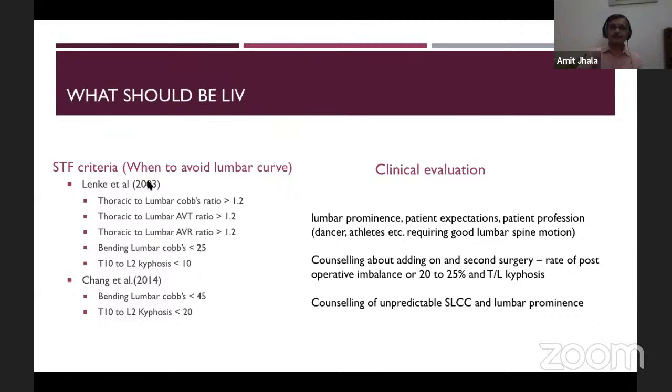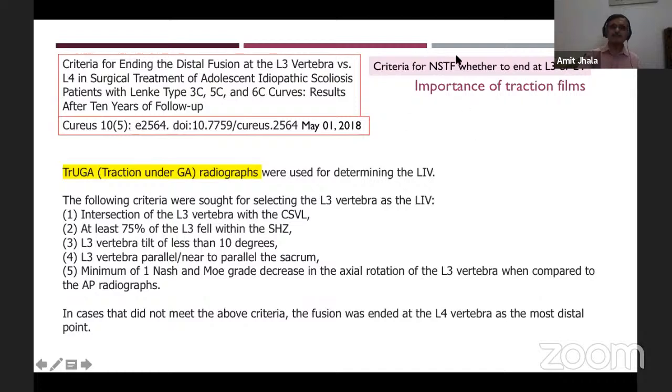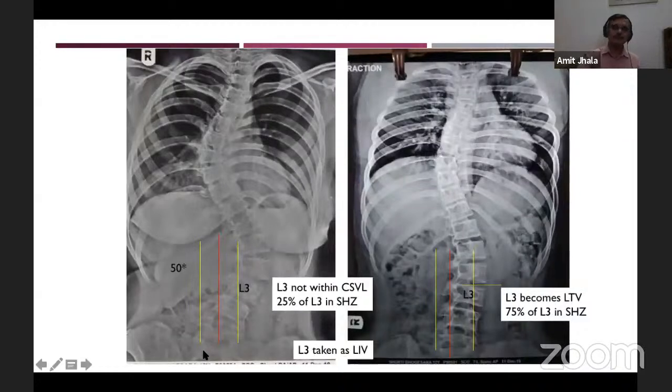I am not going to go into it, but this is the same paper which was quoted by Dr. Suryaprakash, and in this patient particularly, I used not the true Truga, but this criteria on our traction films. You can see it was a 50 degree lumbar curve. And if you see the CSVL, L3 is far away from the CSVL.